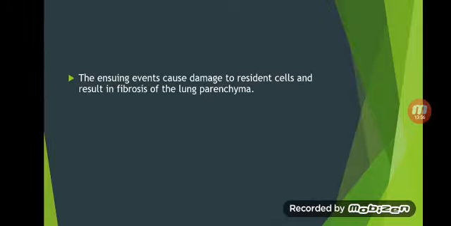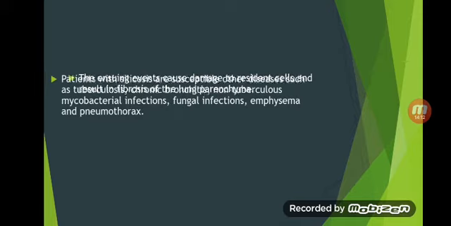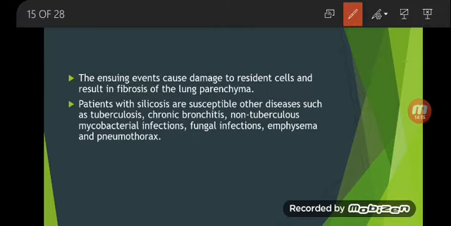The ensuing event causes damage to resident cells, resulting in fibrosis of the lung parenchyma, and patients are susceptible to TB, chronic bronchitis, mycobacterial infections, fungal infection, emphysema, and pneumothorax. So these are the complications that may occur in patients with silicosis because they are more vulnerable to tuberculosis, chronic bronchitis, non-tuberculous mycobacterial infections, fungal infections, emphysema, and pneumothorax.